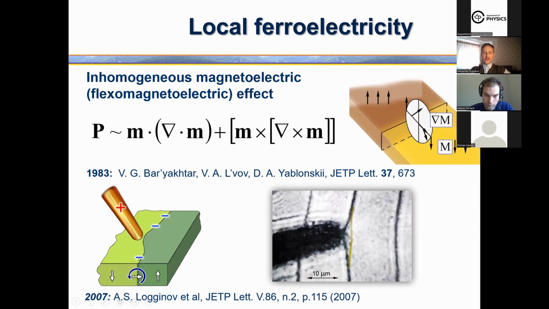The surface bound charges appear on the top side of the film, and the opposite ones, of course, at the substrate side. But due to this electric polarization, they can be controlled by an electric probe, for example, a scanning probe of scanning microscopy, or just a pointed needle.